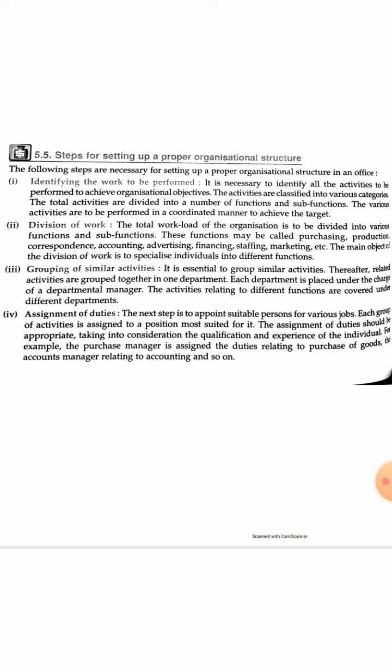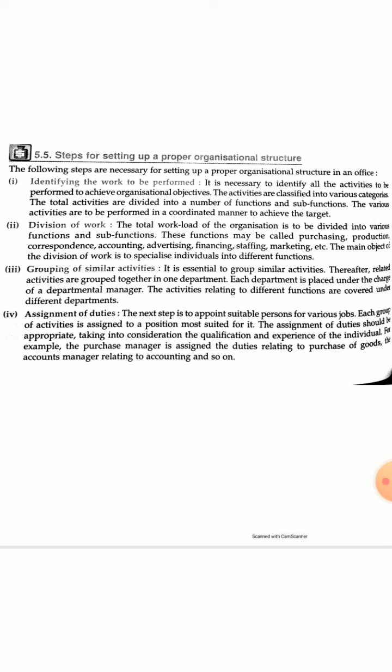The next thing is division of work. When the work to be performed has been identified, the next step is dividing the total workload into functions and sub-functions. These functions are different tasks which are totally different from each other. Like purchase.